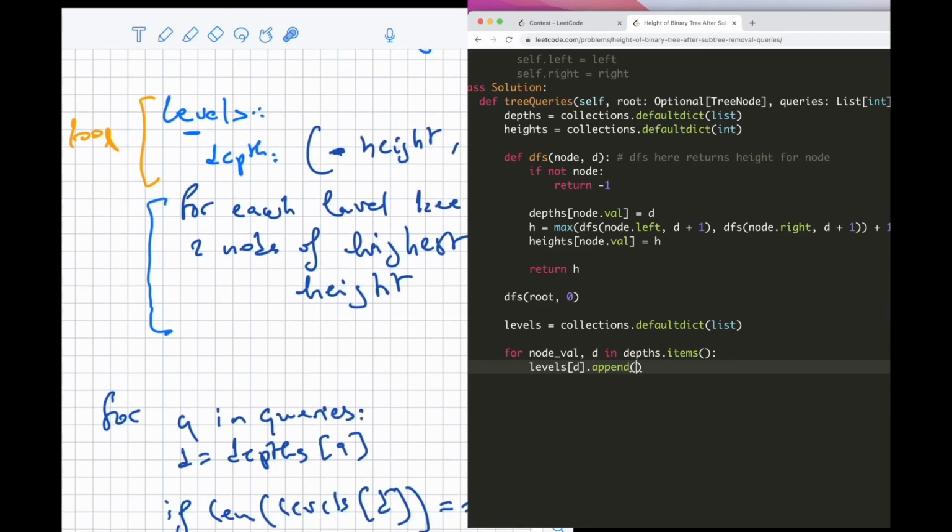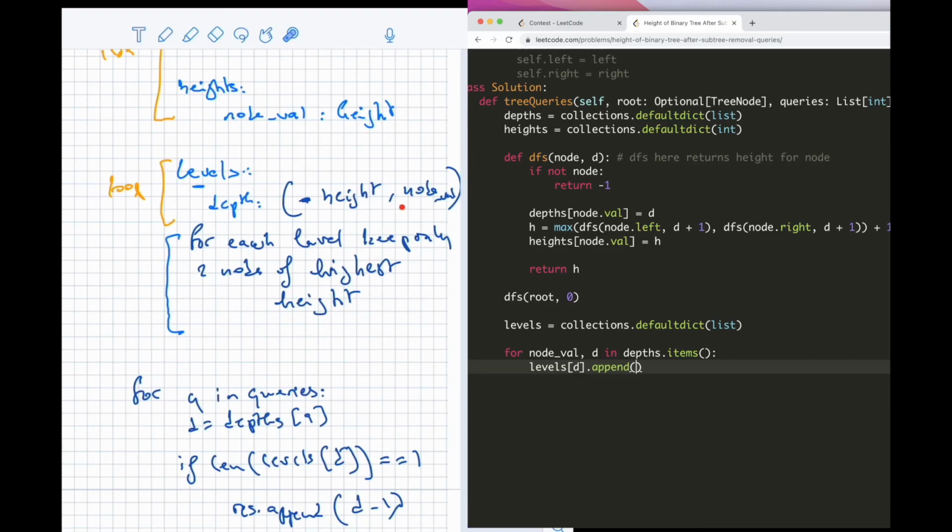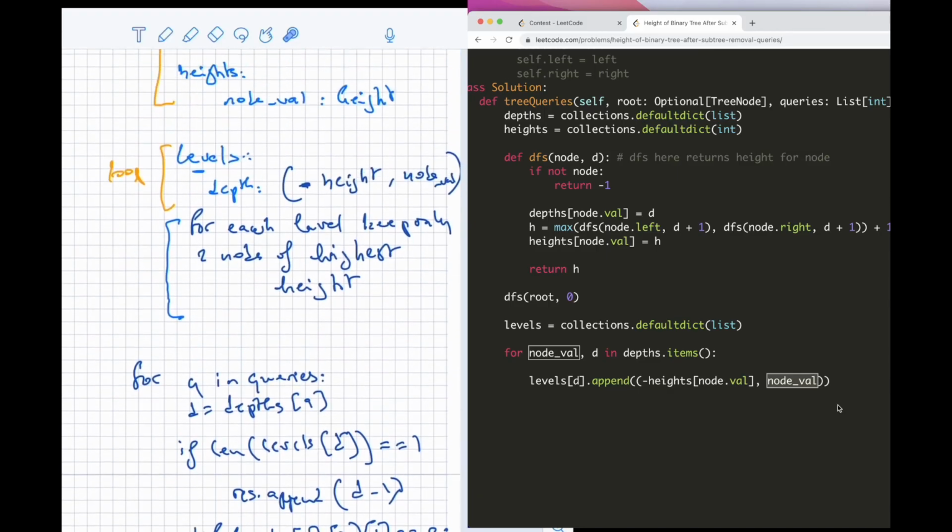We said we want the height negative so that we can get the largest one. And then we want the node value, right? So that's what we said here. So that's what we are going to add. To get the height, well, the height is just in heights node val, right? So that's what we are going to add here, a pair of that. And then the node value, that's what we have here. Okay, this is to compare it to the query that we do later.